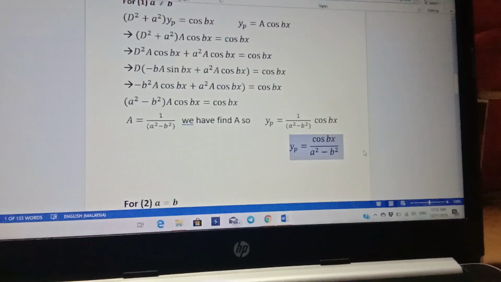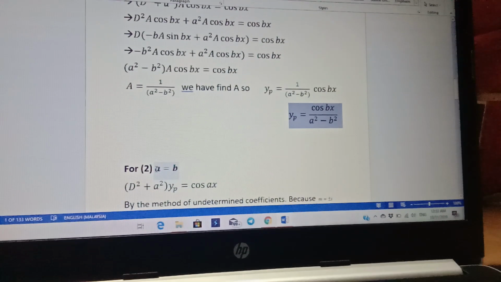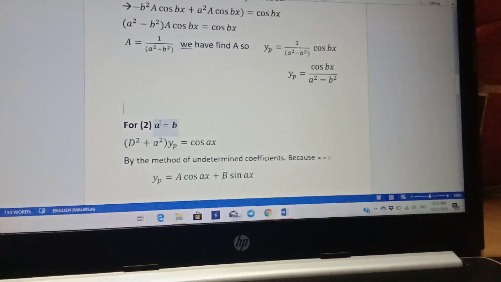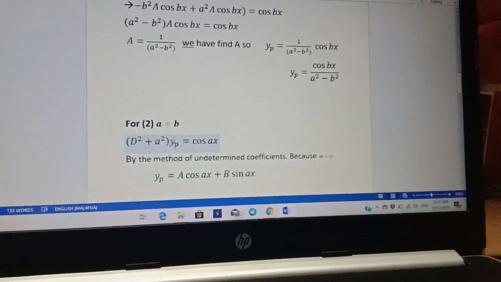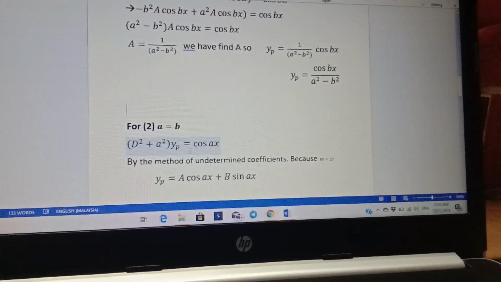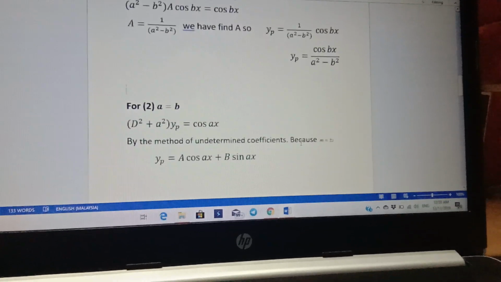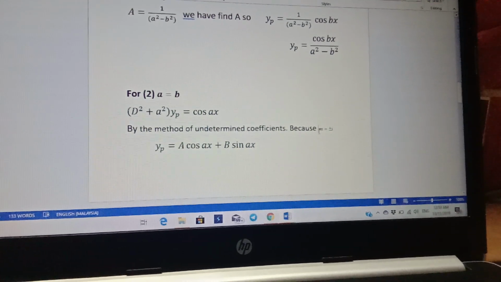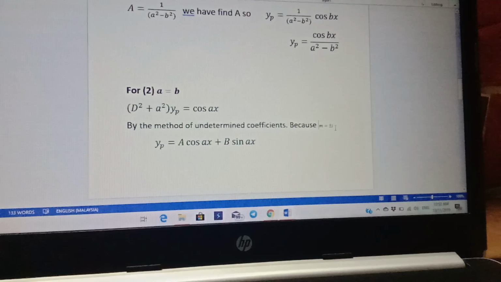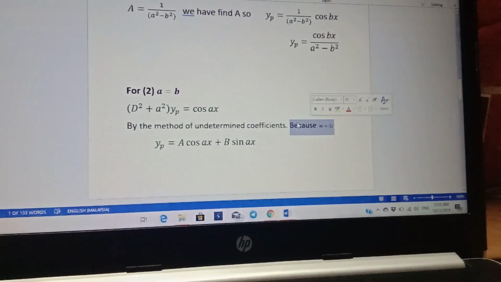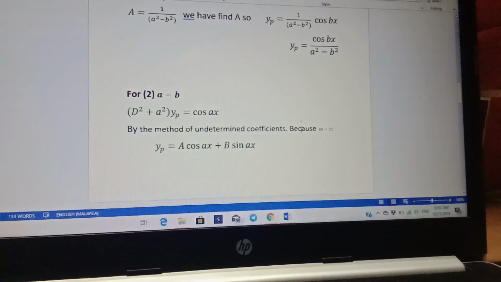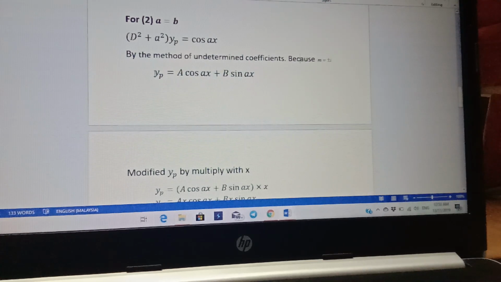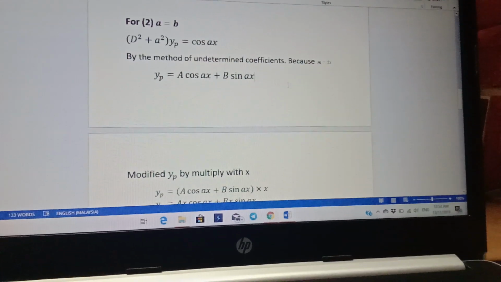Now we move to the second case, which is a equals b. Because a equals b, it is the same: (D squared plus a squared) yp equals cos ax. By using the method of undetermined coefficients, because the root is a complex root, as I explained in the class, yp is A cos ax plus B sin ax.